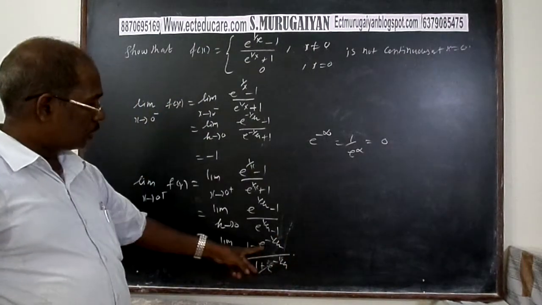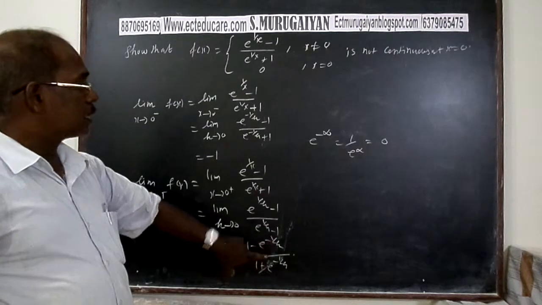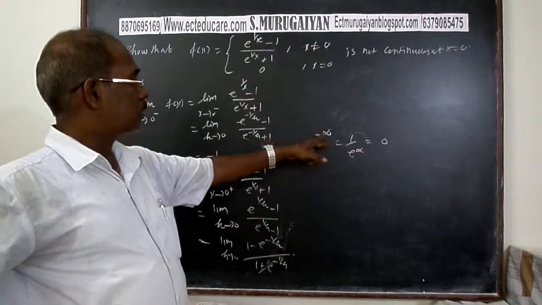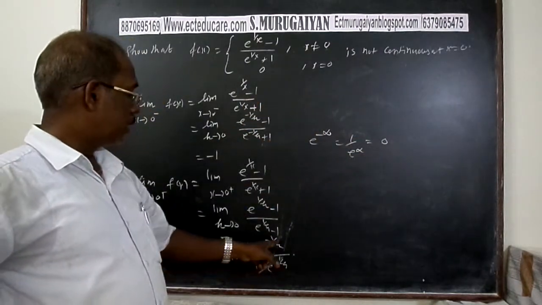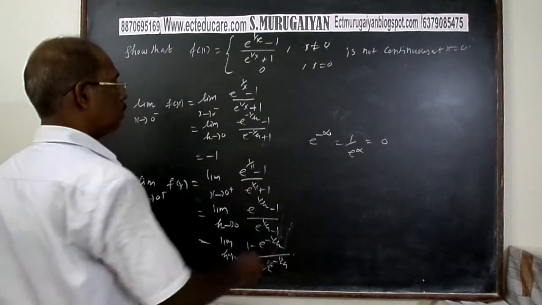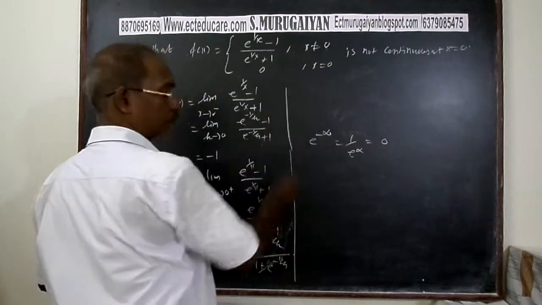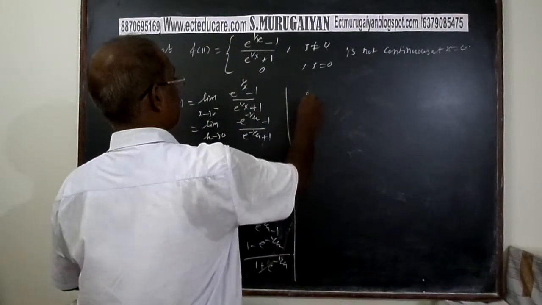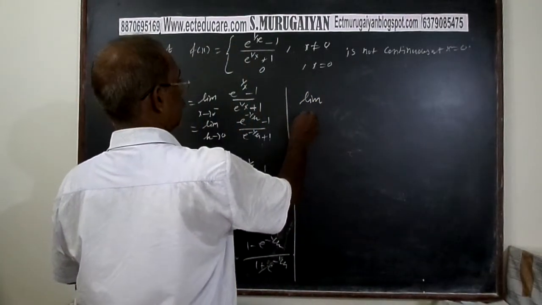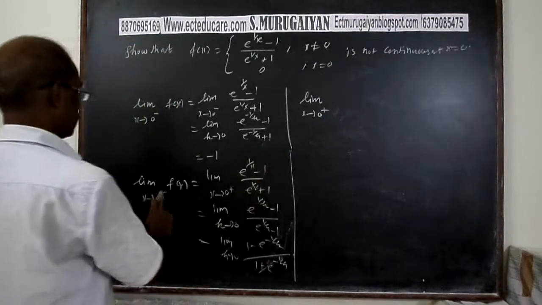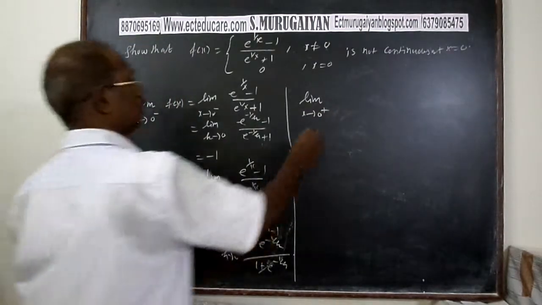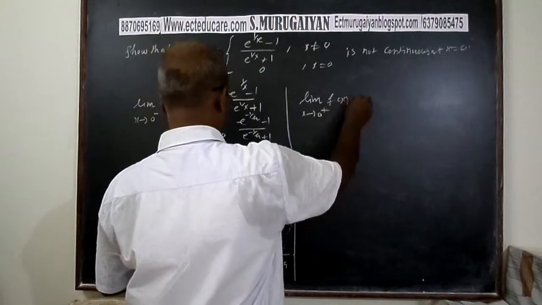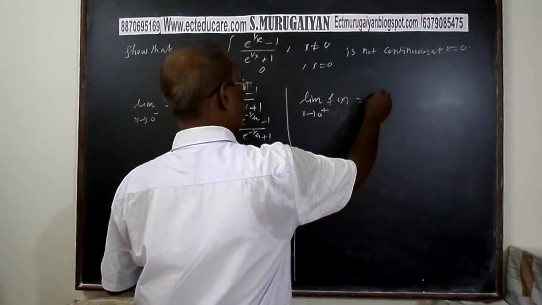If we apply the limit e power minus 1 by h, as we discussed earlier, e power minus infinity is 0, so we get (1 minus 0) by (1 plus 0). So limit x approaches 0 plus f of x is equal to 1.